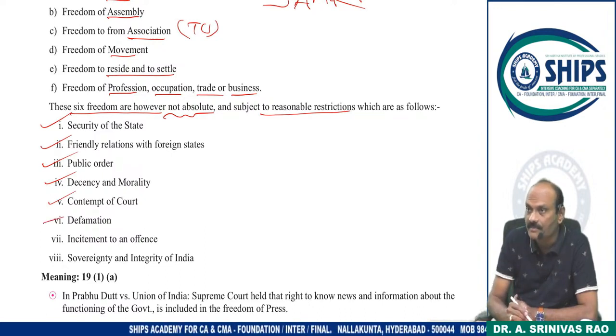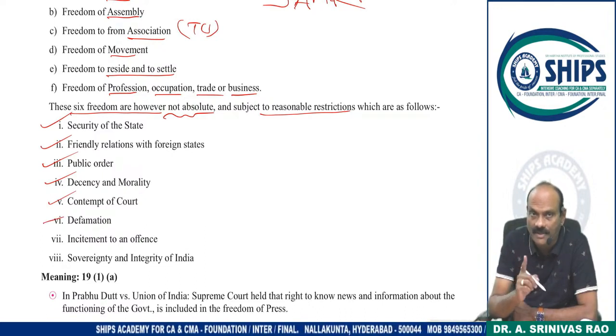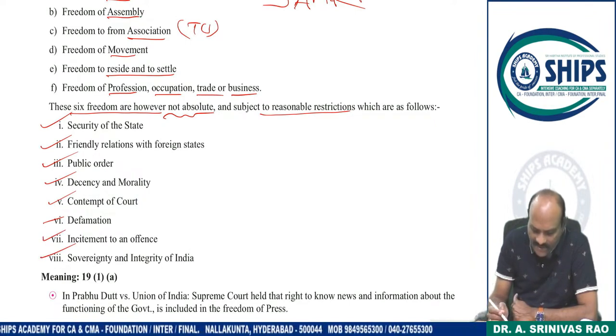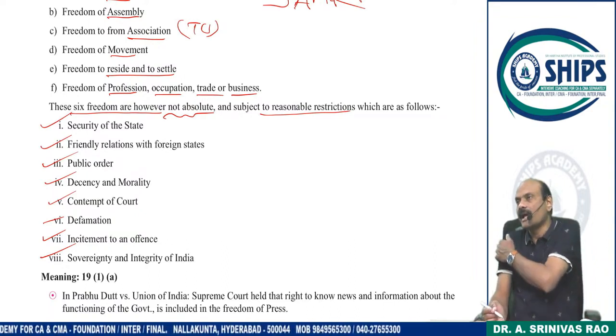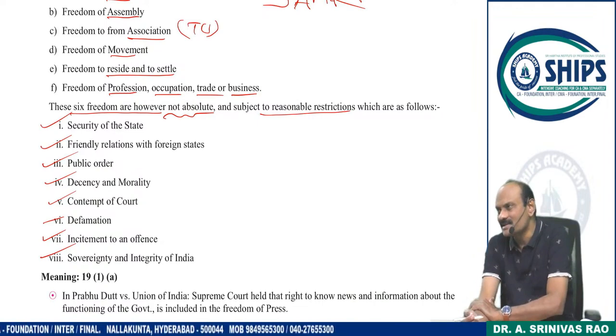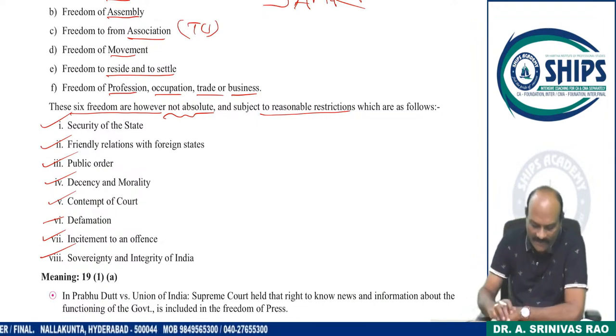And defamation: don't make any defamatory wrong statement about a person. And incitement to an offence, and the sovereignty and integrity of the country. Against the integrity of the country, you cannot give finance for separatism, terrorism, etc. You cannot work on that.